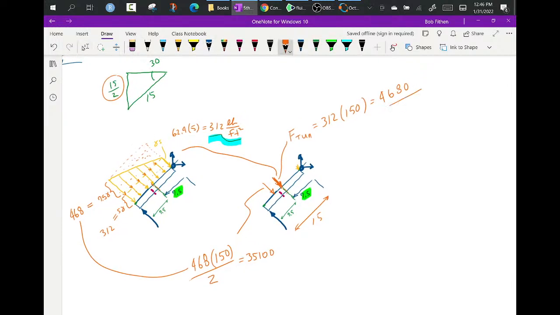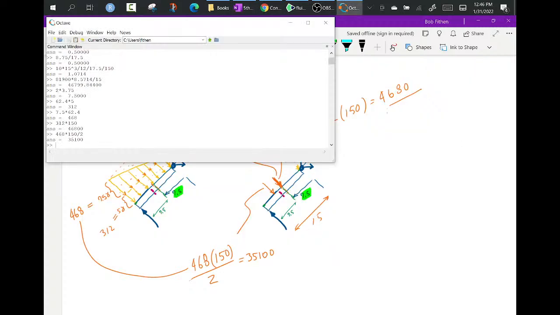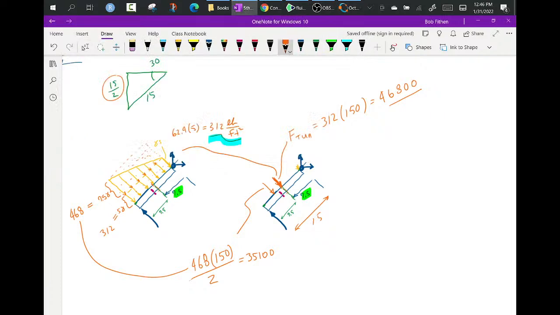Did I forget some digits? Okay, 46,800. So let's say we got 2 loads here. Let's figure out the total load: 46,800 and 35,100. This is from the triangle, and this is from the uniform.